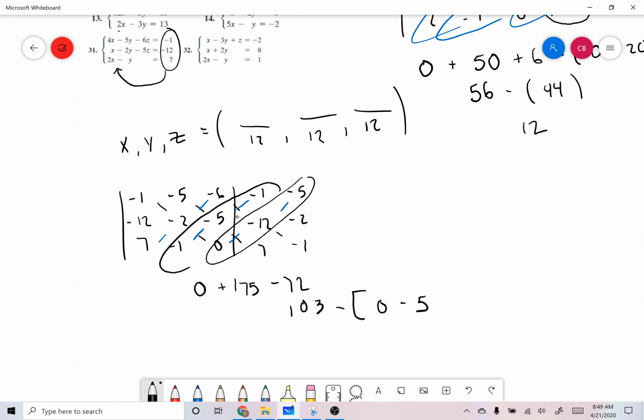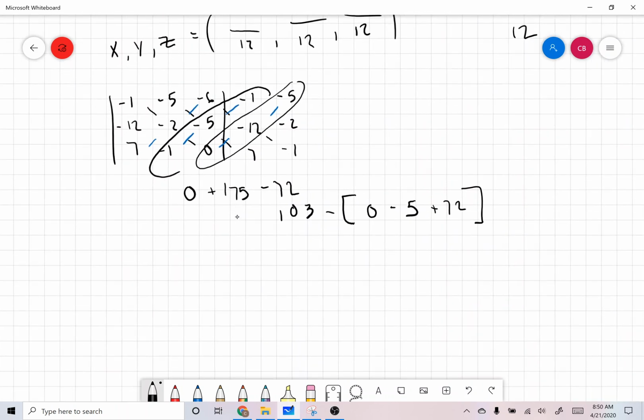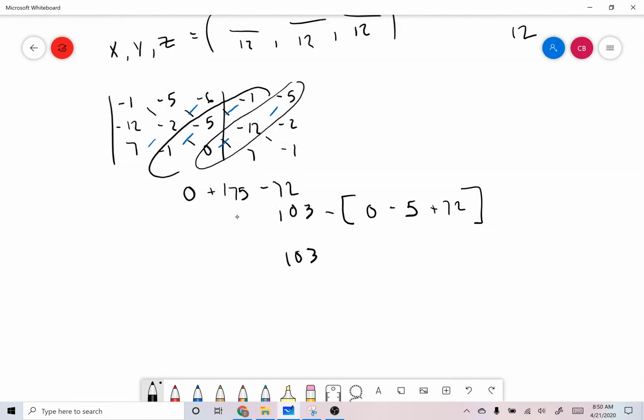Negative times negative is 12 and 7. What is this? 12, positive 12 and 7. Yeah, it's plus 72. So this is going to be 103 minus, this is 72, 67.